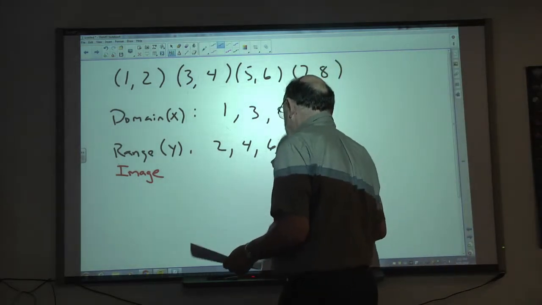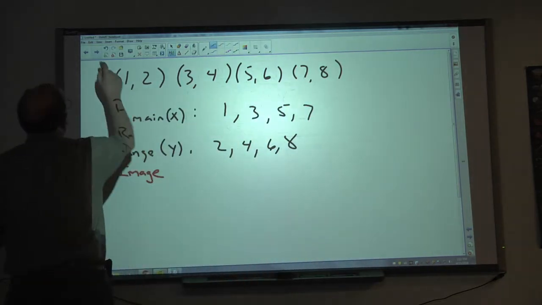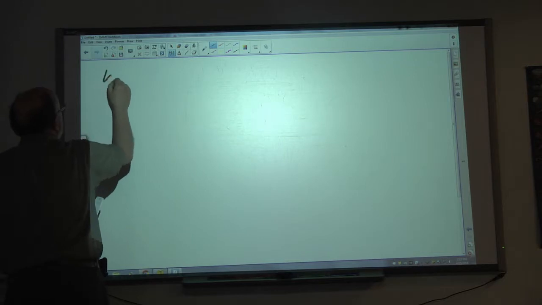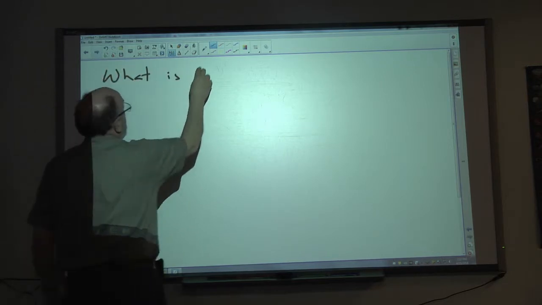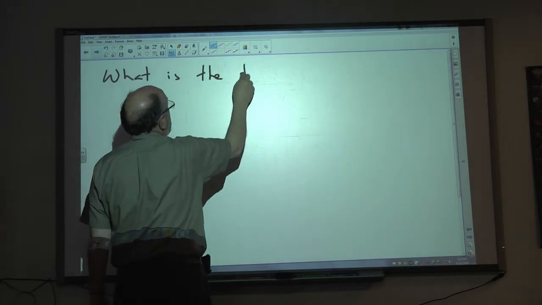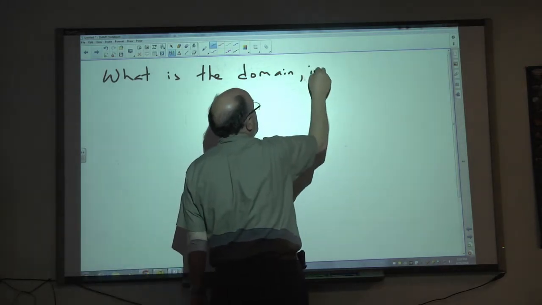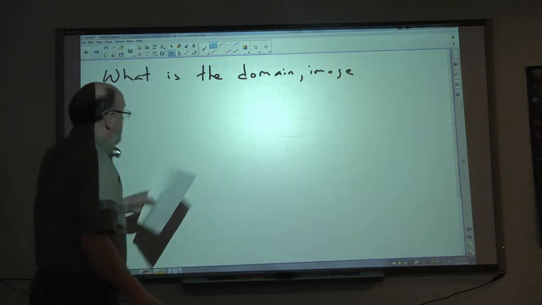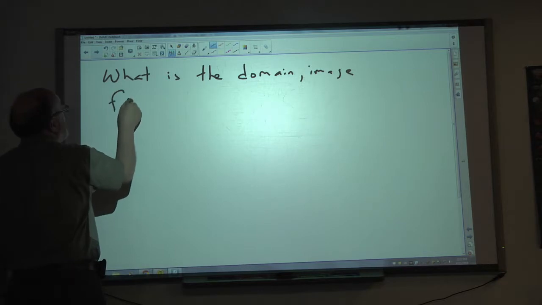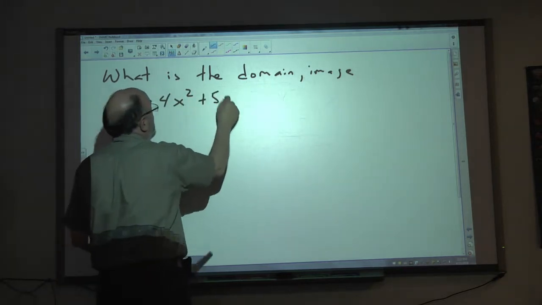So you got domain, you got range. So given some examples like this, what is the domain? We had this one up on the board earlier.